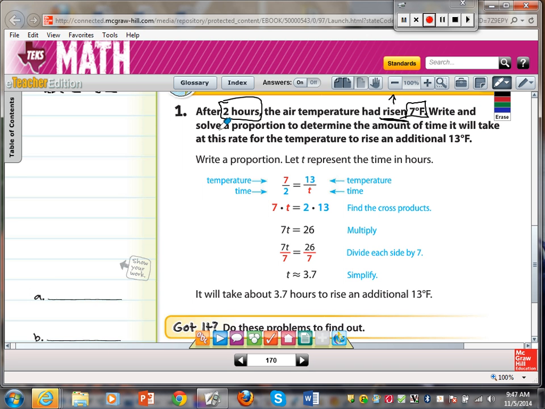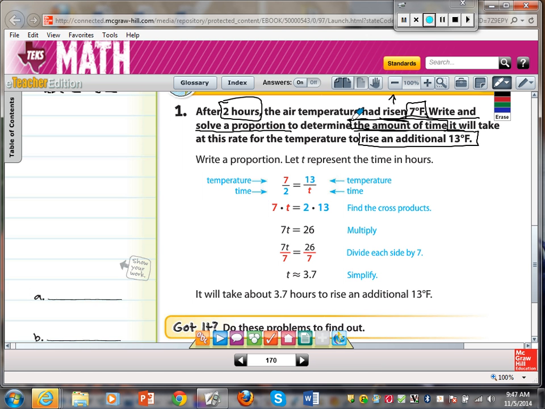Write and solve a proportion to determine the amount of time it will take at this rate for the temperature to rise an additional 13 degrees. So we want the amount of time. So we are looking for time.